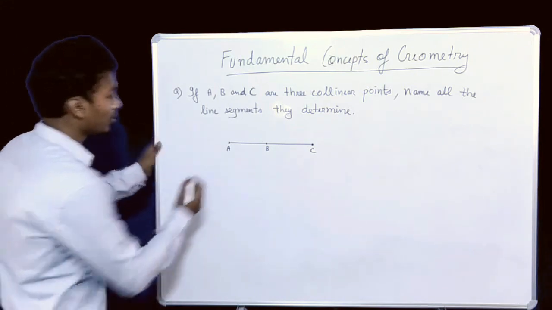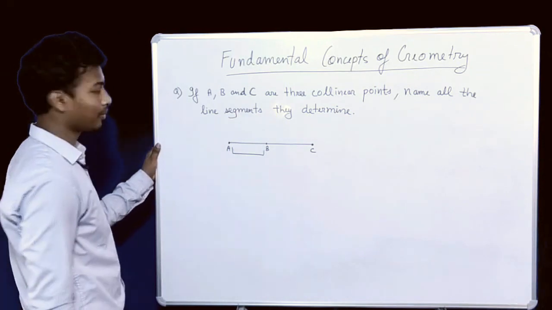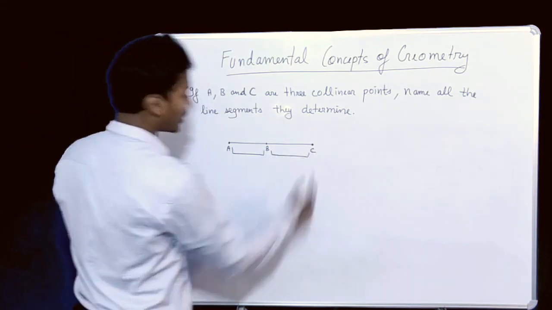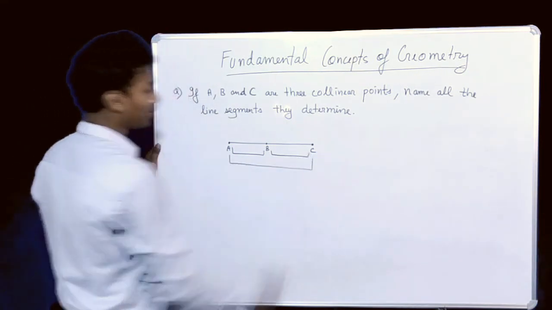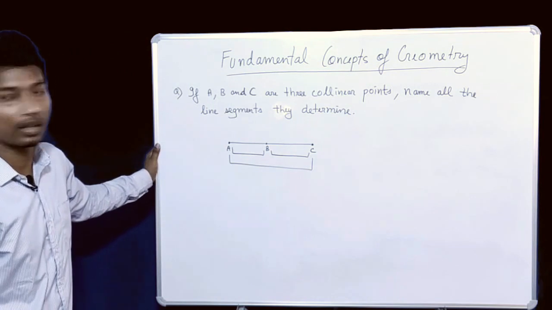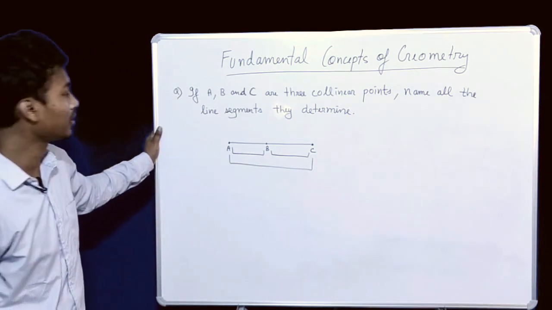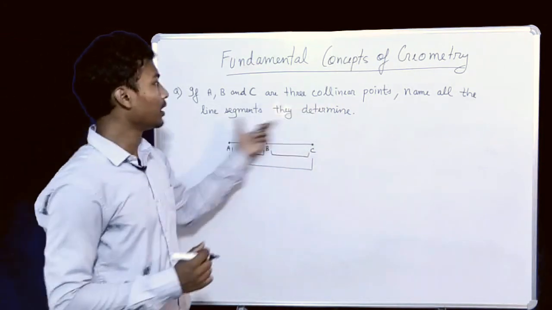So if I look from here A to B, we have one line segment. Then from B to C, another line segment, and A to C, another line segment. So how many line segments? 3 line segments.